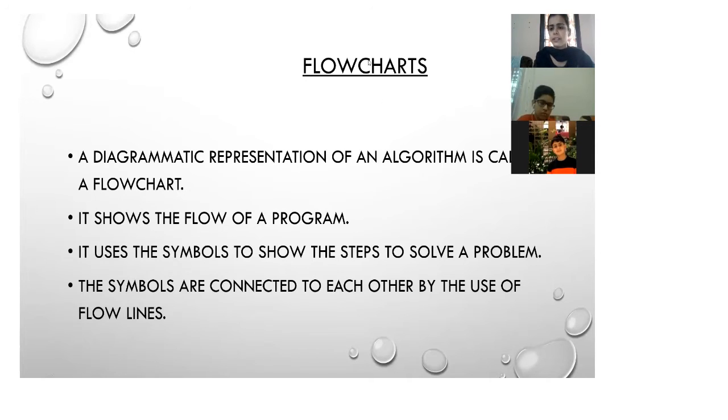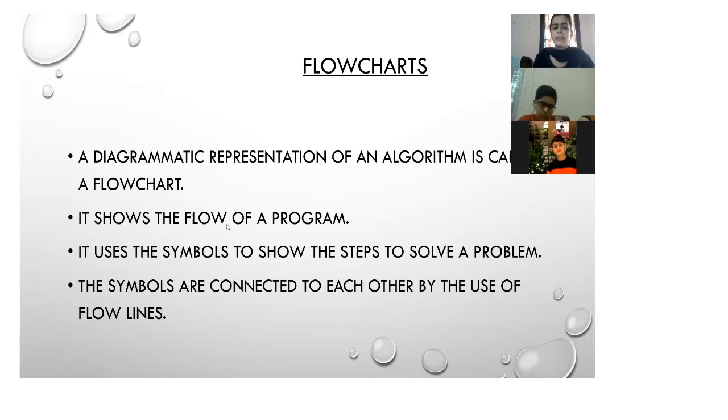What is a flowchart? When we have written an algorithm, as I have told you, it is written in simple language. When you have written an algorithm, you have to convert that algorithm into a flowchart. A flowchart is basically the diagrammatic representation of your algorithm.